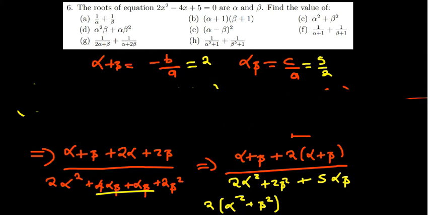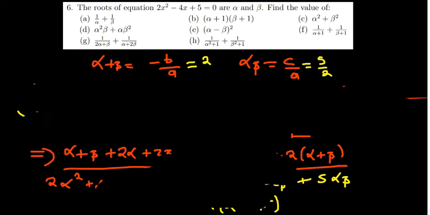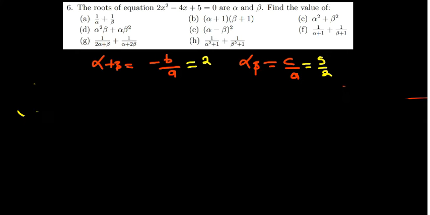And then finally, for the last one, you can try it out. I believe the same procedure would have to work. So 1 over alpha squared plus 1, plus 1 over beta squared plus 1.